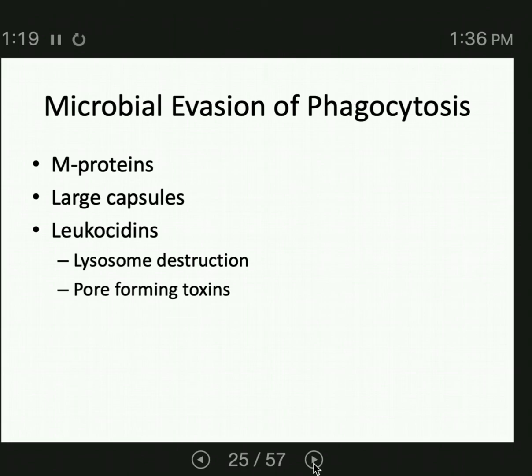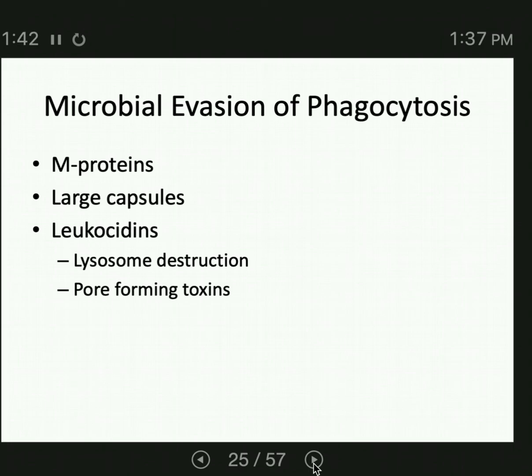All right, leukocidins. Some microbes produce leukocidins, which kill leukocytes. One example would be Staphylococcus aureus, which produces enzymes that break down the lysosome, spilling the digestive enzymes and acid from the lysosome into the leukocyte cytoplasm, the white blood cell's cytoplasm.